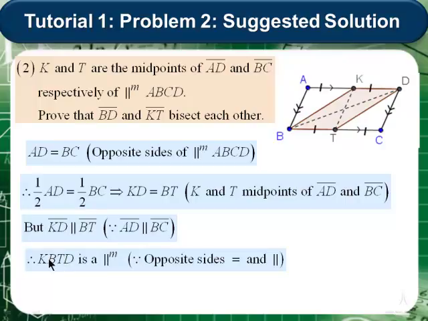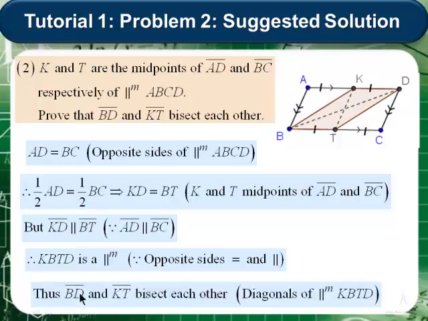Therefore KBTD, the shaded quadrilateral, is a parallelogram because opposite sides are not only equal but they are also parallel, and therefore the two diagonals BD and KT bisect each other, because this is what happens if we have a parallelogram, like in the case of parallelogram KBTD. We know that the diagonals of the parallelogram must bisect each other.